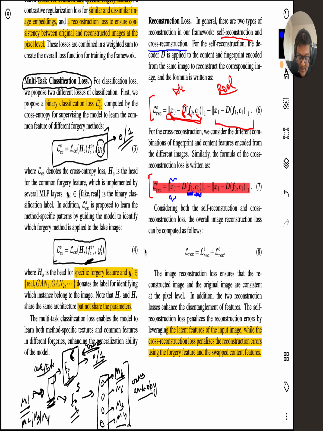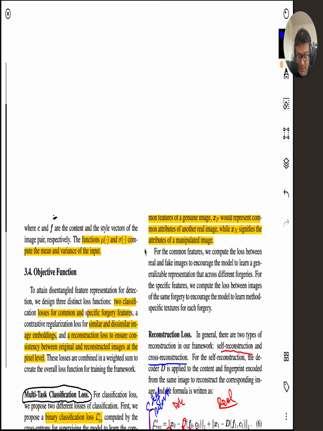So this is the self reconstruction loss, and this is the cross reconstruction loss, where they're learning that if you have some real image, you have its content, and if you add any fake signature to it, then nothing should happen because it is actually a real image. So that's what they are trying to enforce here. And this is something which they call the reconstruction loss.